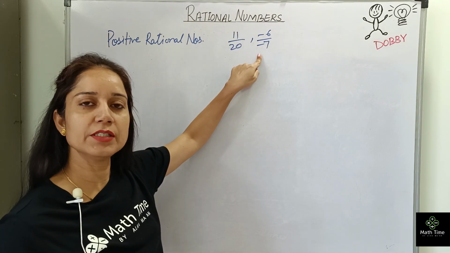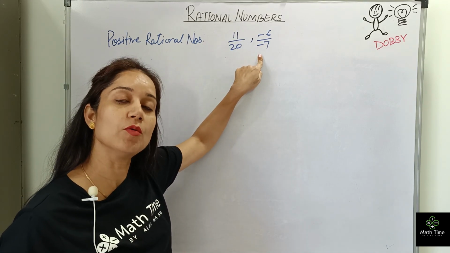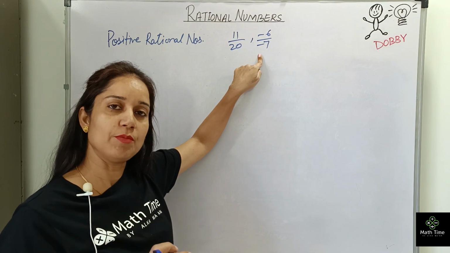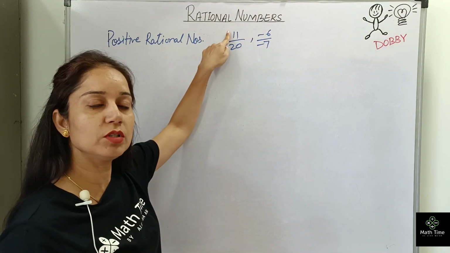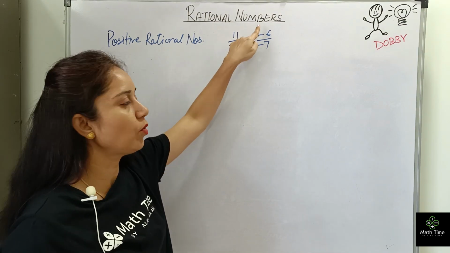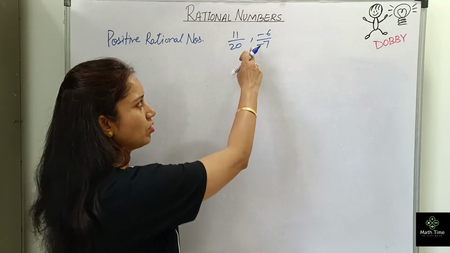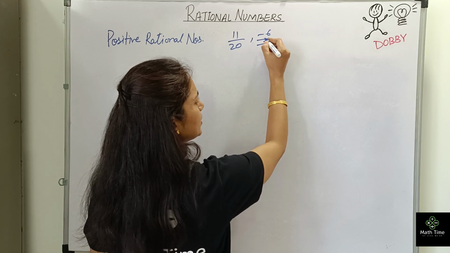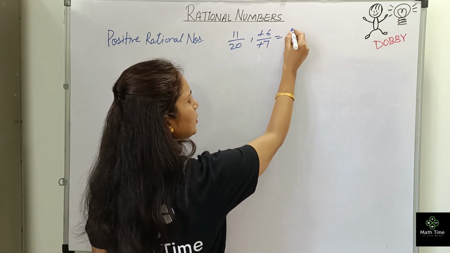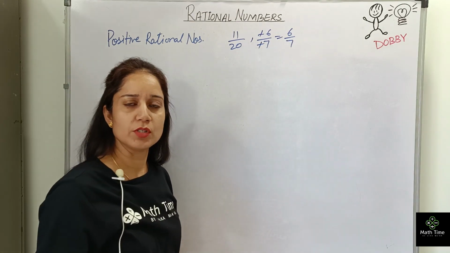Minus 6 upon minus 7 is having both the numerator and denominator negative. So the rational number which is having either both positive or both negative, they are called positive rational numbers, because here minus 6 upon minus 7, minus cut with minus, it becomes 6 upon 7, positive only.